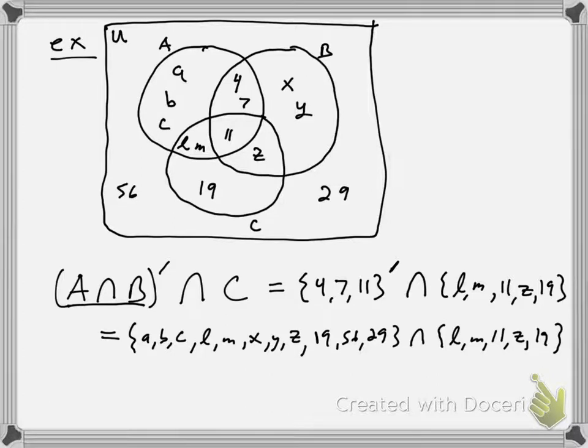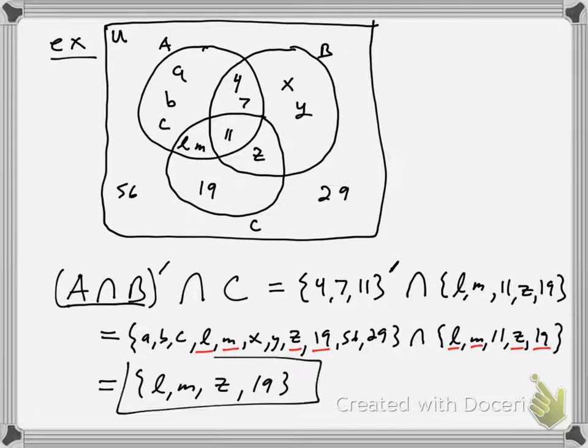It looks like they have in common L, M, Z, and 19. Those are the four things they have in common, correct? So this would equal, because we're doing intersection, by the way, we're looking at what they have in common now, L, M, Z, and 19. That'll be my final answer for that.